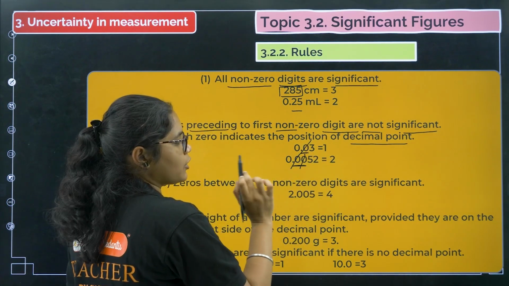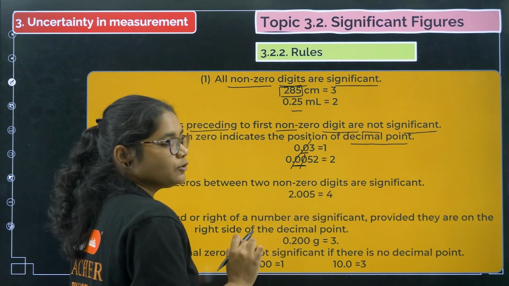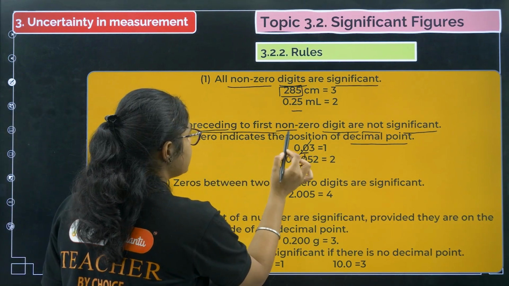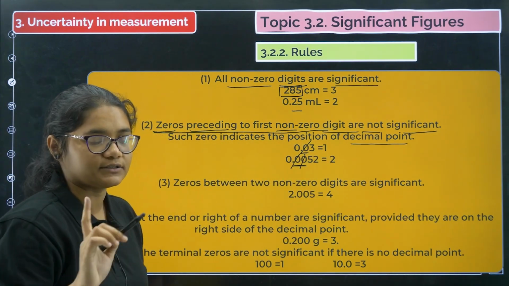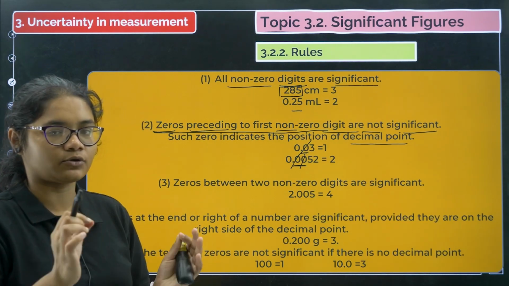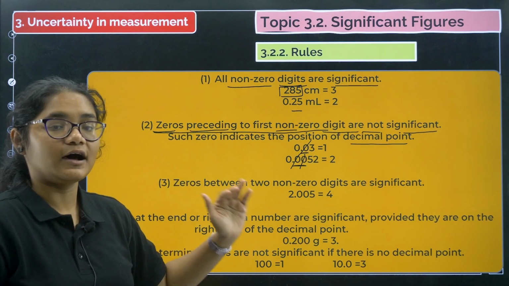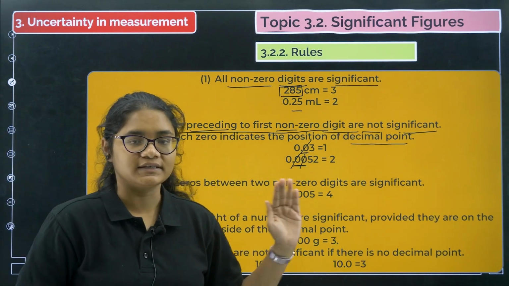Here these 2 zeros will not be counted, so you will have only 2 significant figures. Remember, whatever zeros are there before the first non-zero digit are non-significant.